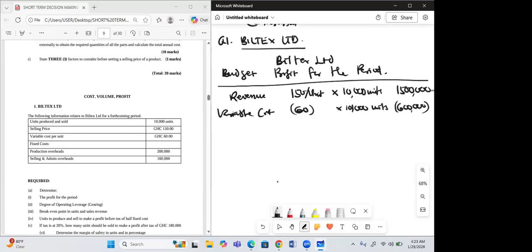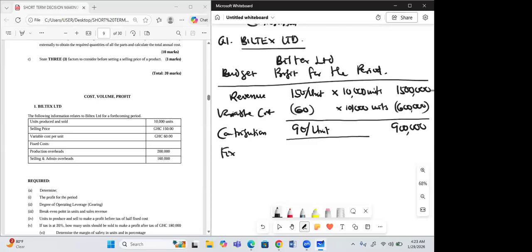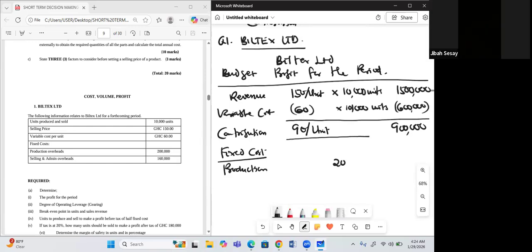Yes. So when I take it out, the contribution. You see, I'm working it in per unit and total at the same time because I need the contribution per unit. Are you getting it? Yes. So it's 90 per unit, giving me 900,000. And now less the fixed cost from it. Where is the fixed cost? Production and administration. Fixed cost at production is how much? 200,000.